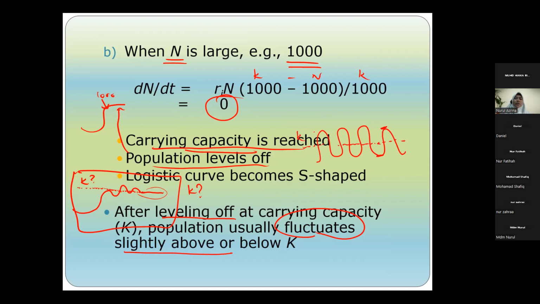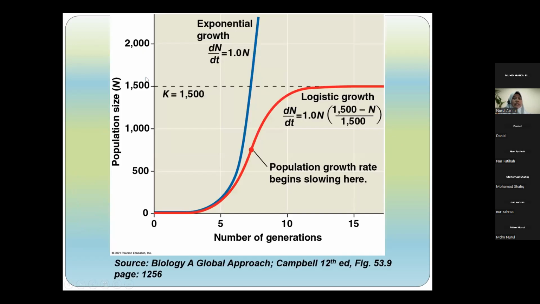Okay? Right. Later we will look into a few exercises. Maybe there will also be questions related to carrying capacity. Okay, next. All right, this is another important picture, so hopefully you can get this picture and paste it in your notes. This picture combines both the J-shaped growth curve and the S-shaped growth curve.